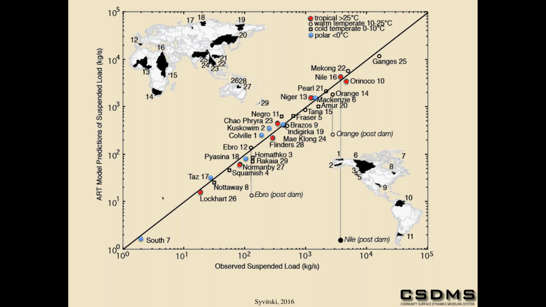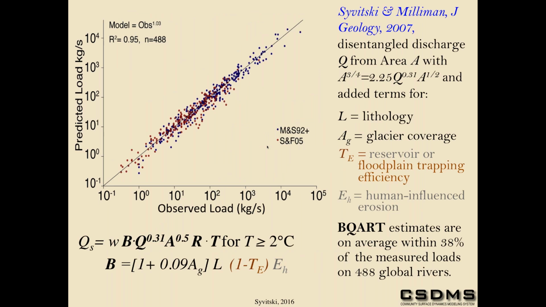So there's hardly any of this data around, and the ART formula gave us some sense that, wow, this very simple approach on sediment flux seems to make sense and to work. And because it overtly takes into account temperature, it does somehow capture in its prediction tropical, polar rivers, etc.